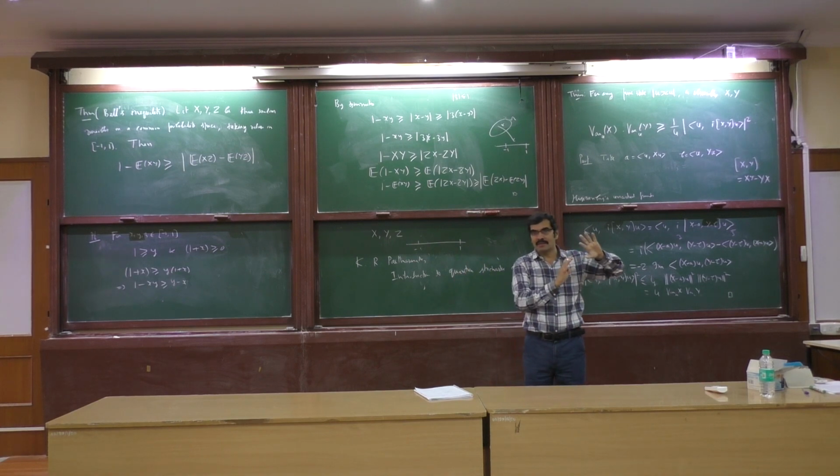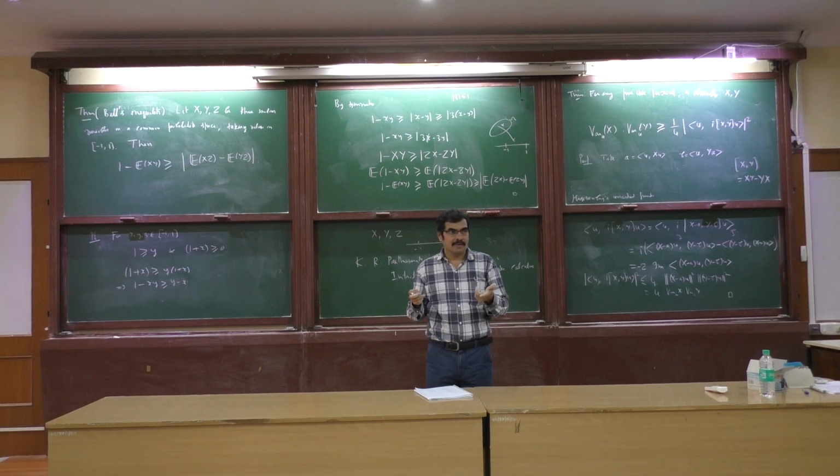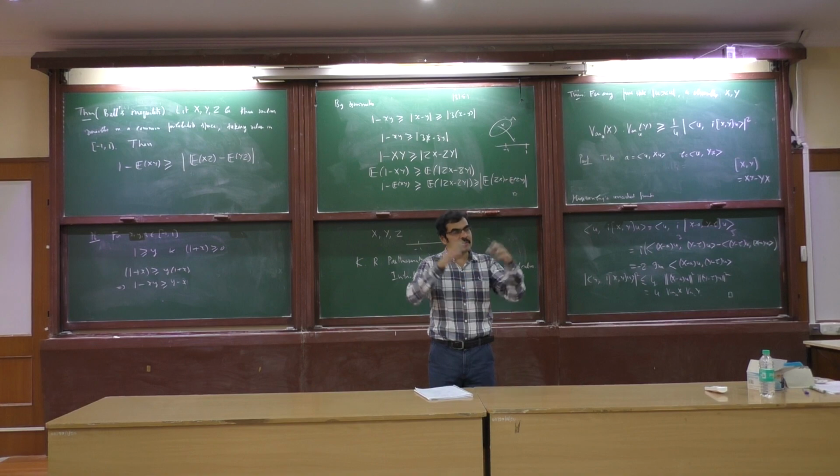Maybe there is some other space in the background of which these are functions, and we are actually doing that. So these are called hidden variable theories: the idea that maybe there is some bigger sample space omega of which these x, y, z, whenever we talk about these observables, are real functions.